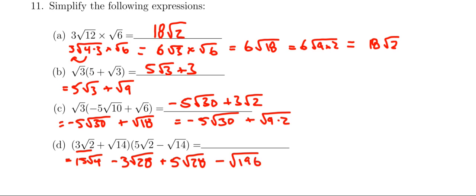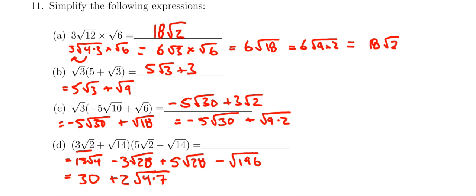Okay, and I'm just going to double check that. Yeah, root 196. Now I can do some simplifying here. First of all, the square root of 4 is 2, so 15 times 2 will be 30. Then I've got minus root 28 plus 5 root 28. So that's actually going to be plus 2 root 28. Now I'm not quite done there because 28 can actually be simplified, not a lot, but I can make that 4 times 7.